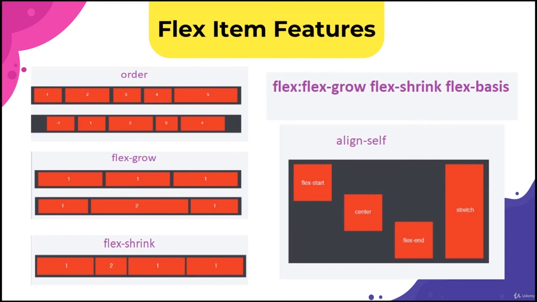Flex-basis is used to determine the optimum size for Flex items. Flex allows us to give flex-grow plus flex-shrink and flex-basis features all at the same time. Align-self allows a flexible box to go out of the default or defined alignment.